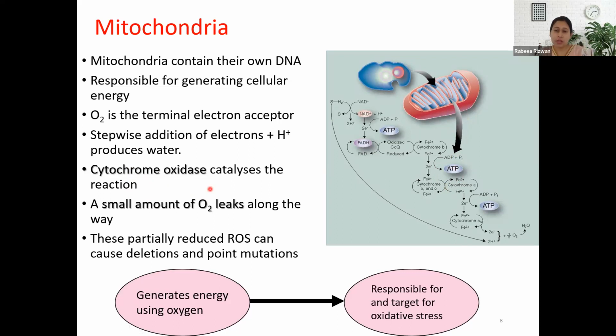During the production of ATP, the process requires oxygen to burn to produce the energy. In this process, however, some amount of oxygen leaks out, and in this way it acts as a reactive oxygen species that may result in DNA damage. It means it causes some mutations in genes.